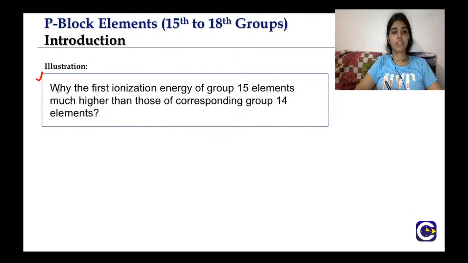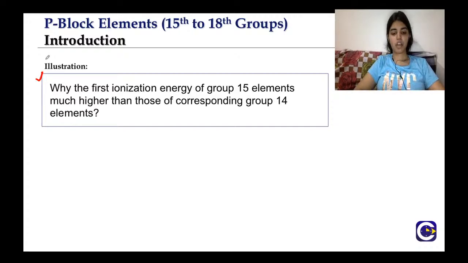Now this is the question: why is the first ionization energy of group 15 elements much higher than that of the corresponding group 14 elements? Why do group 15 elements have higher ionization energy than group 14 elements? Anyone?